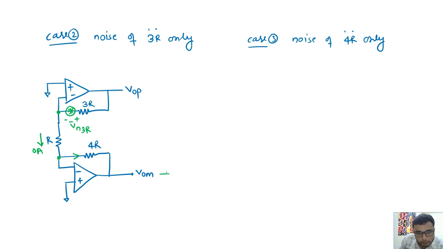So VOM noise due to 4R is 0. What can we write here? VOP noise due to 3R is directly Vn of 3R, which is nothing but 3 times the resistor noise.